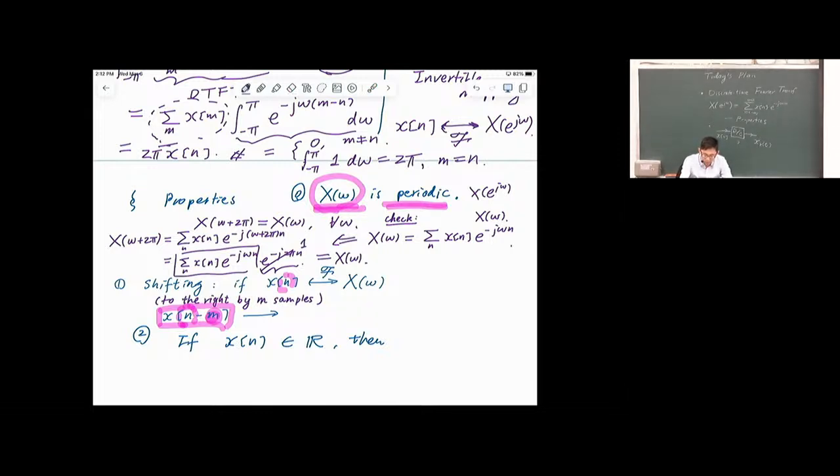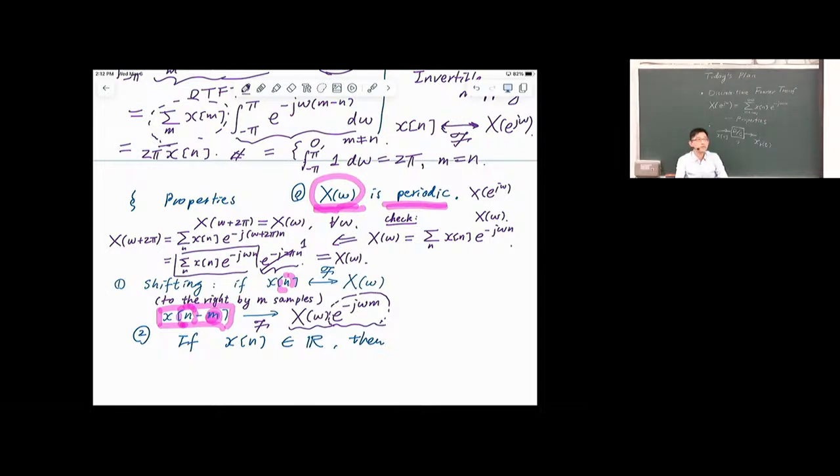If we take the Fourier transform, the result relates to the original Fourier transform, but now multiplied by a complex phase term, e to the minus j omega m. The resulting Fourier transform is the spectrum multiplied by a linear phase term.